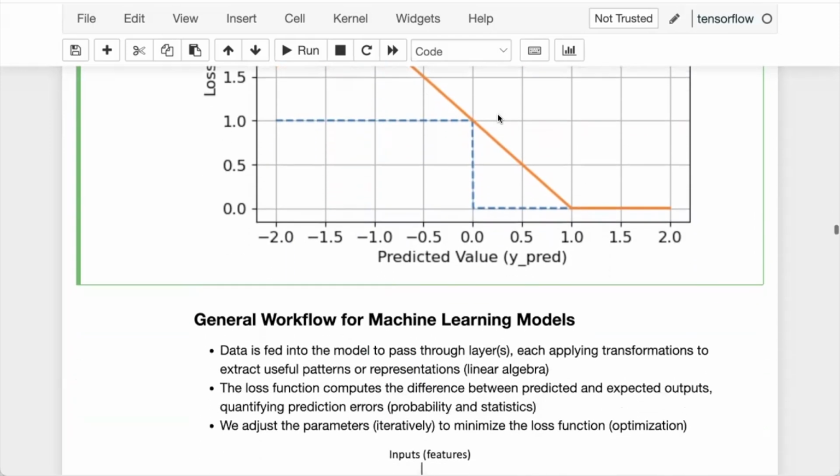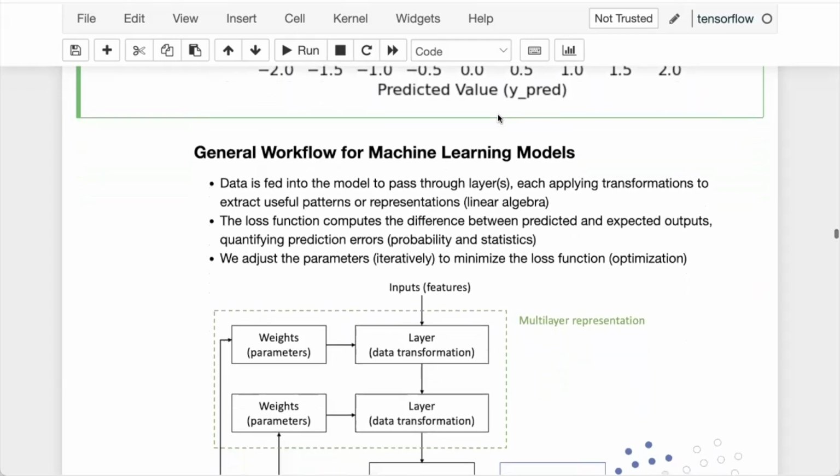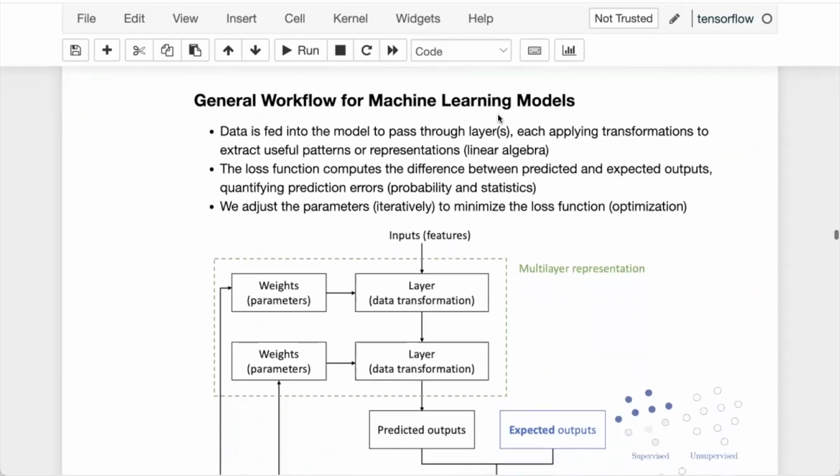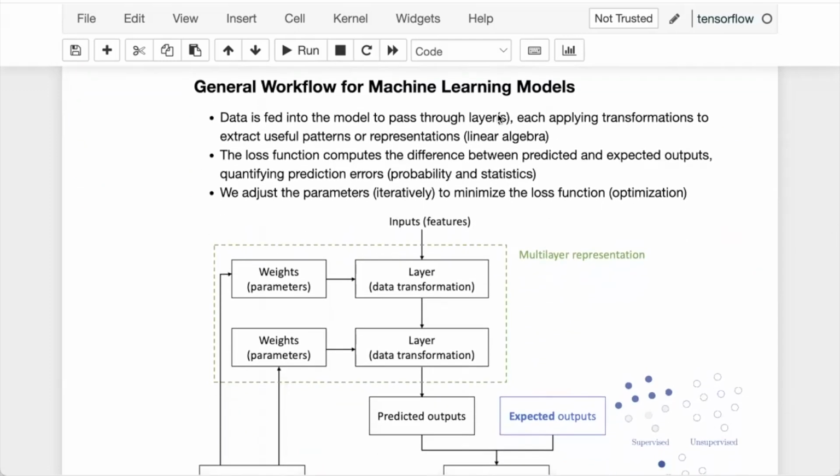So with this motivation in place, now we can talk about the general workflow for machine learning models. So the idea is that we always start with our inputs or features, which we show using X. And then we send them through some data transformation layers. For example, if it's a linear regression, this is typically one layer, but in more complex models like neural networks, we have multiple layers.